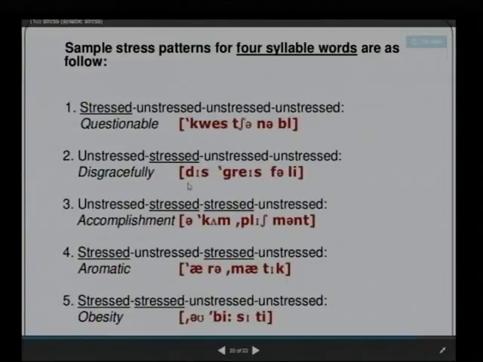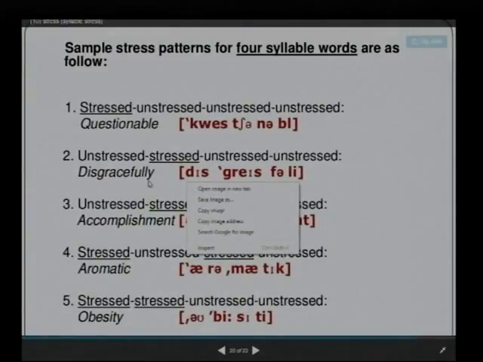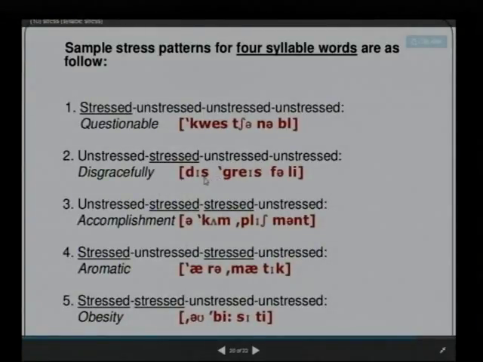And then disgracefully. Now this follows a pattern where the first syllable is unstressed, and then we stress the other syllable, then we do not stress this syllable, with an unstressed syllable again. We have a word accomplishment, where we do not stress the first part for a simple reason.